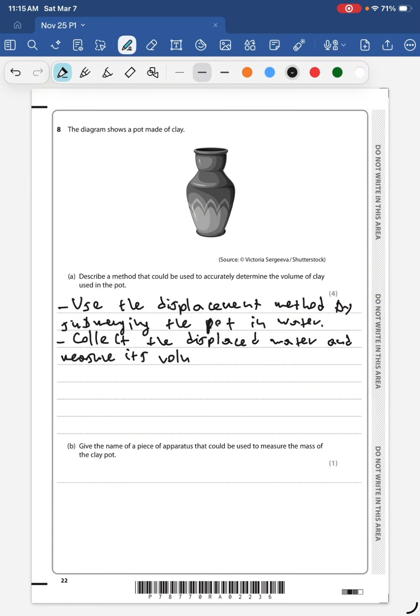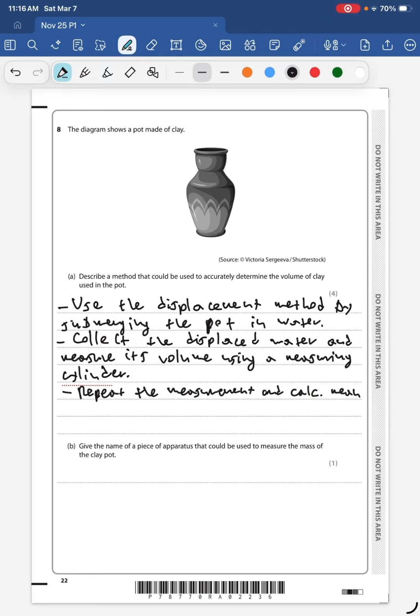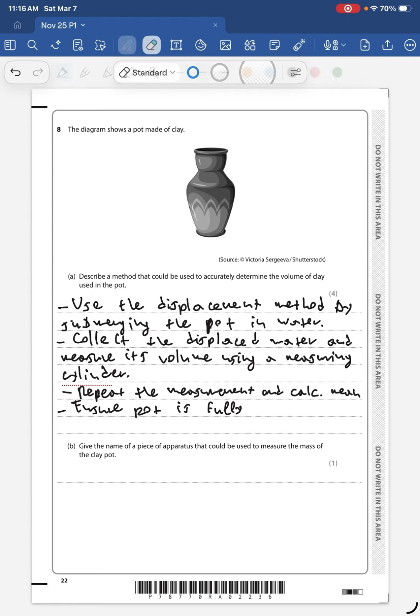Repeat the measurement and calculate the mean, and ensure the pot is fully submerged, and you measure the volume at eye level.